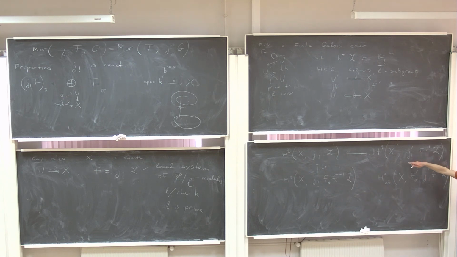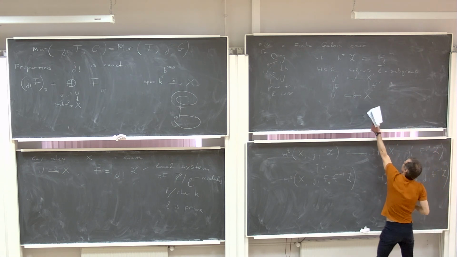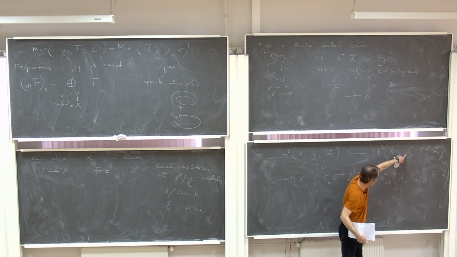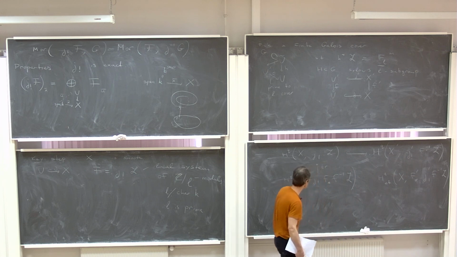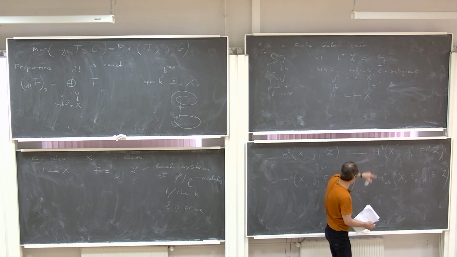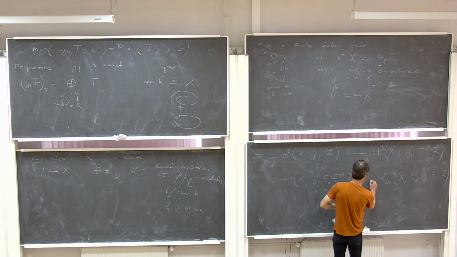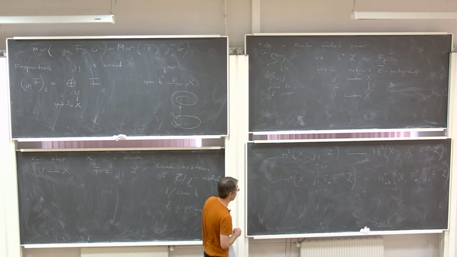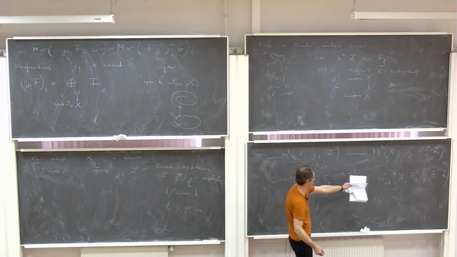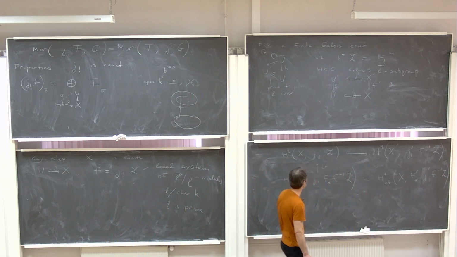Because F is a finite morphism, so cohomology of X prime with coefficients in any sheaf is equal to cohomology of X with coefficients in its pushforward. And now I claim that these two guys are equal. This is the base change property. The two sheaves are equal. Okay?